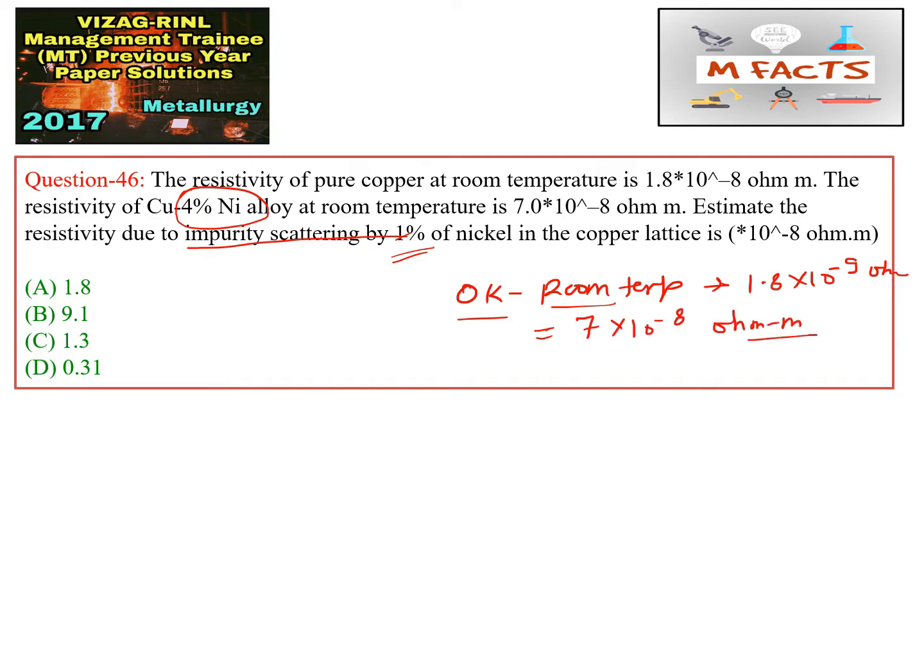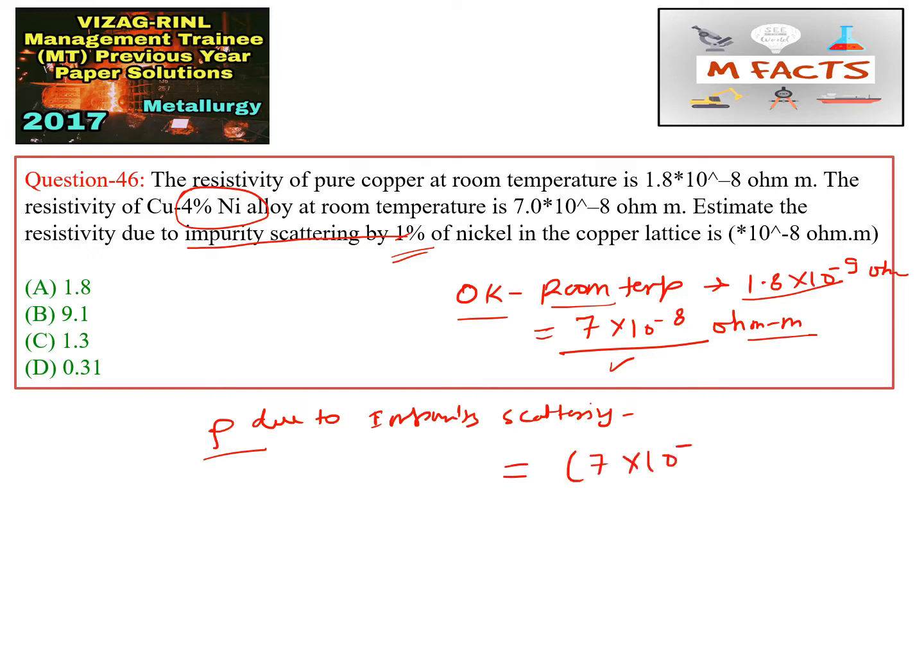To calculate the resistivity due to impurity scattering, we have to subtract the value without alloying from the value after alloying. After alloying with 4% we have 7 into 10 power minus 8, and 1.8 into 10 power minus 9 is at room temperature without alloying.